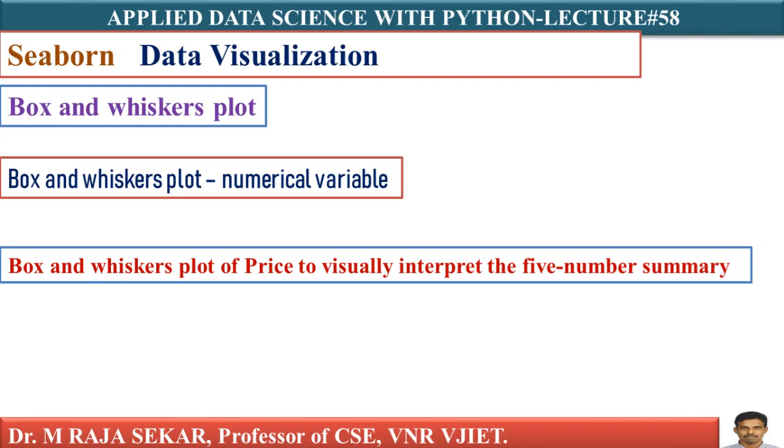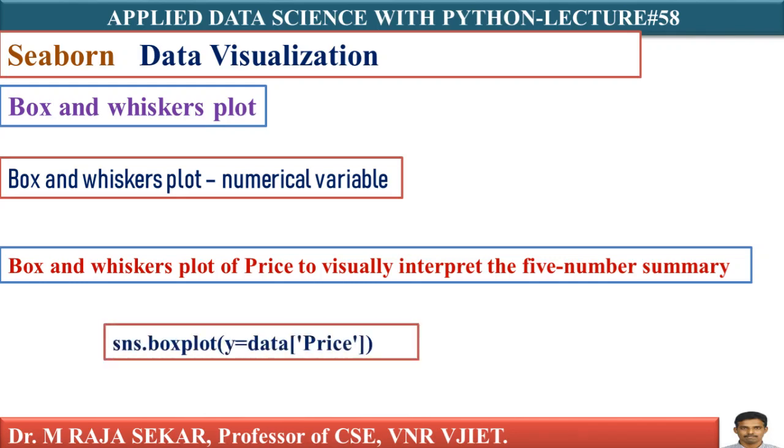So, how do we do that? We can create a box plot using the function boxplot, which is from the Seaborn library. Since we are interested in getting the 5-number summary of the price variable, we access the price variable from the data frame data. Here my data frame name is data, isn't it?